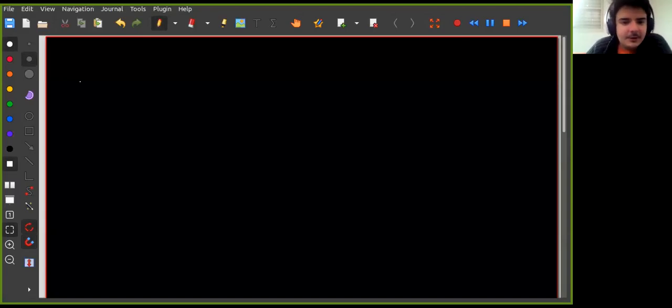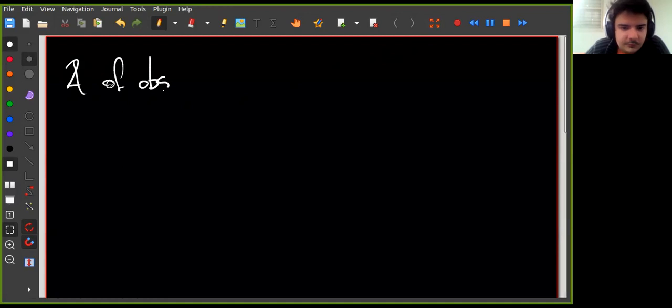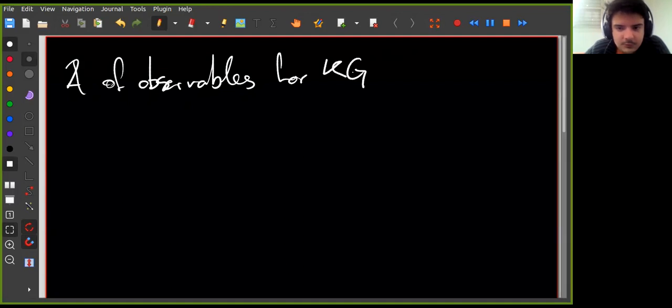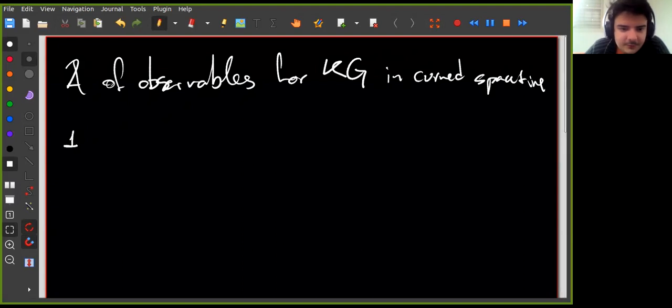All right. Last class, we discussed what is the algebra curly A of observables for the Klein-Gordon equation in curved spacetime. It had 5 main properties.